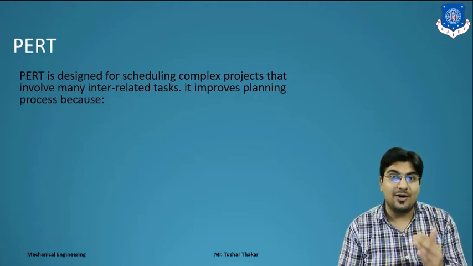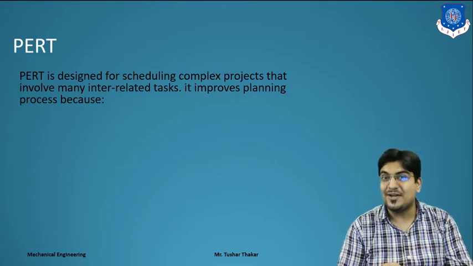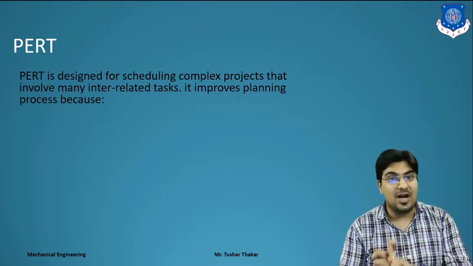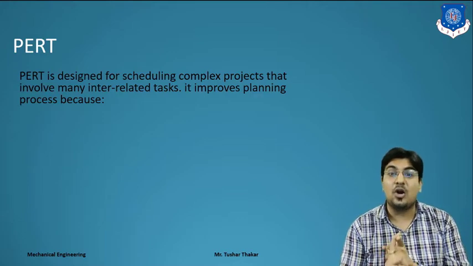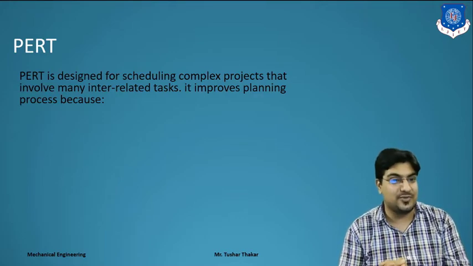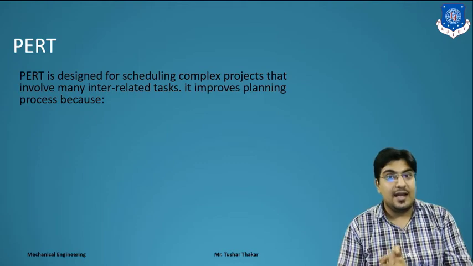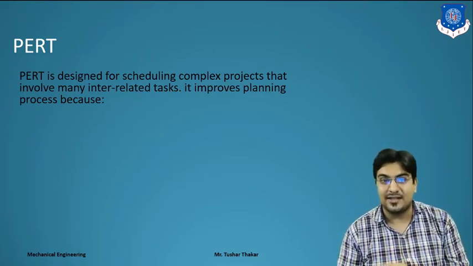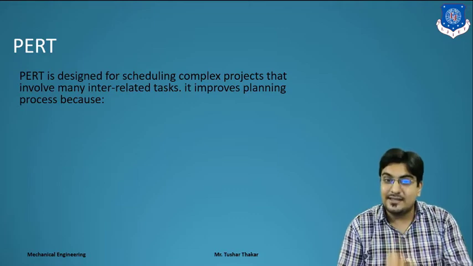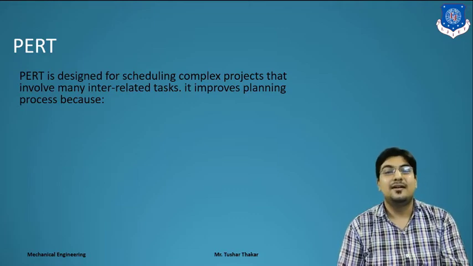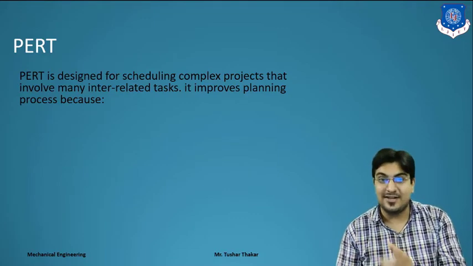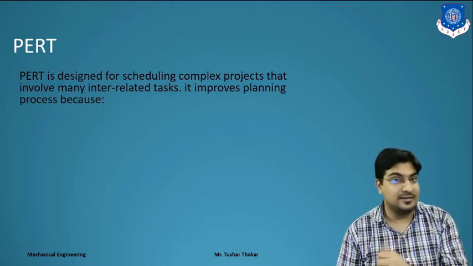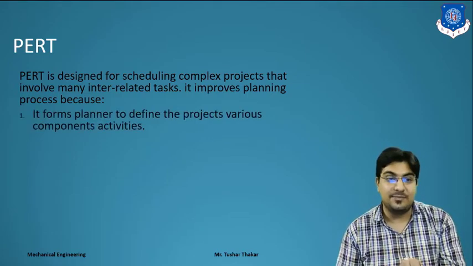Now recall CPM. What is the limitation of CPM? CPM is not capable of solving a complex and larger project, and it does not handle interrelated work. That is the limitation. And what is PERT designed for? A complex project with interrelated tasks. So in parallel we can compare CPM and PERT.